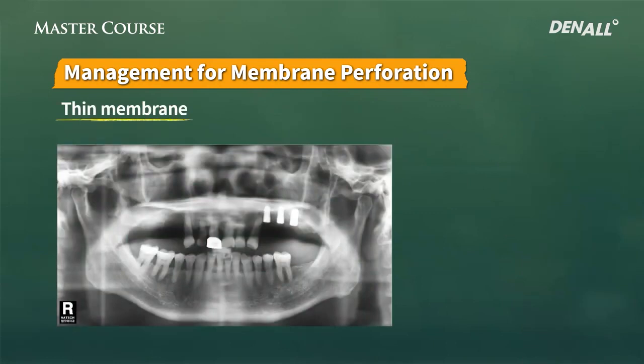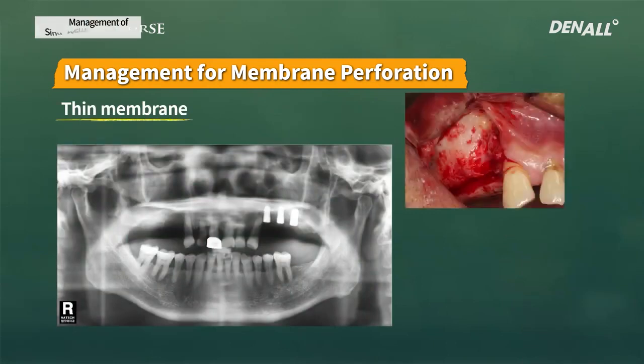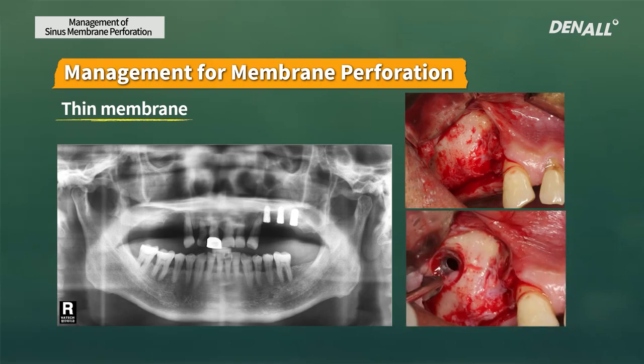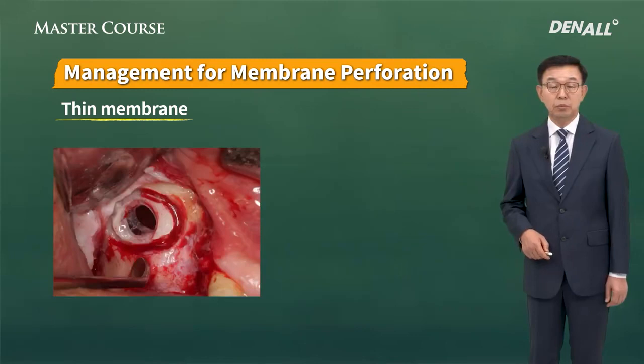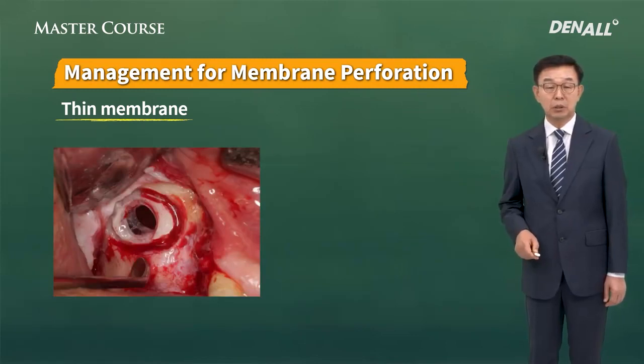Let me give you an example. In the upper right posterior area, lateral approach was taken because the residual bone was limited. Sinus membrane was perforated. The membrane was very thin. In the end, in order to lift the sinus membrane beyond the torn area, window was formed.